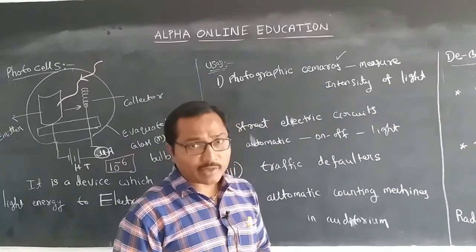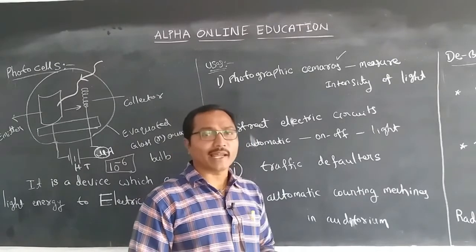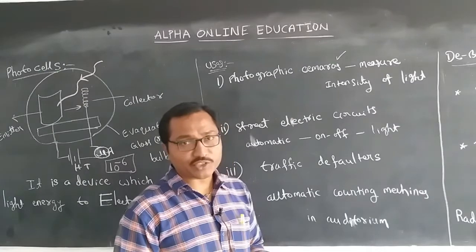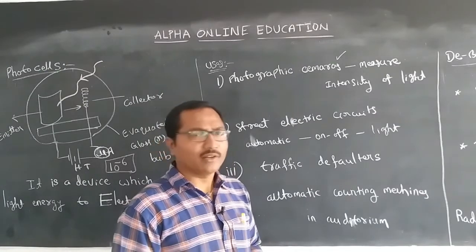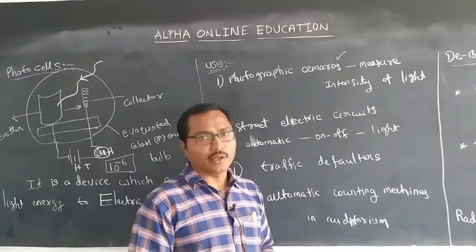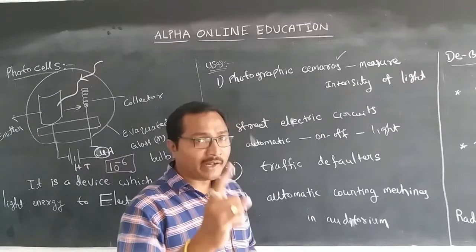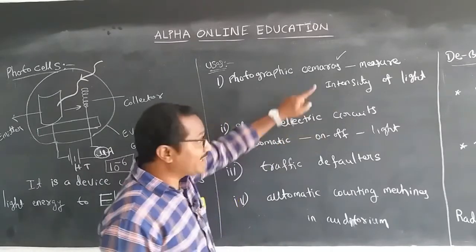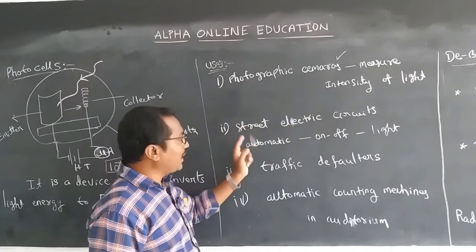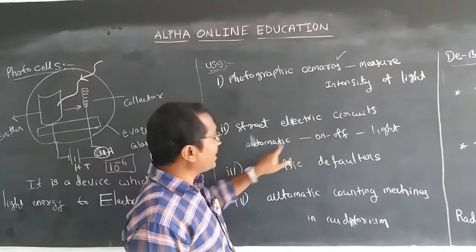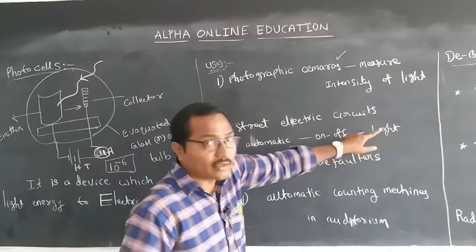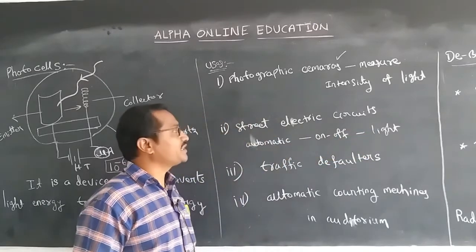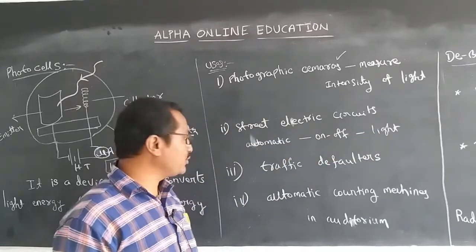Regularly, in the evening we have to switch on the lights, and in the morning we have to switch them off. Doing this regularly is not possible. So, depending upon the intensity of sunlight, we automatically switch the lights on and off. That is the street electric circuit where we use this.